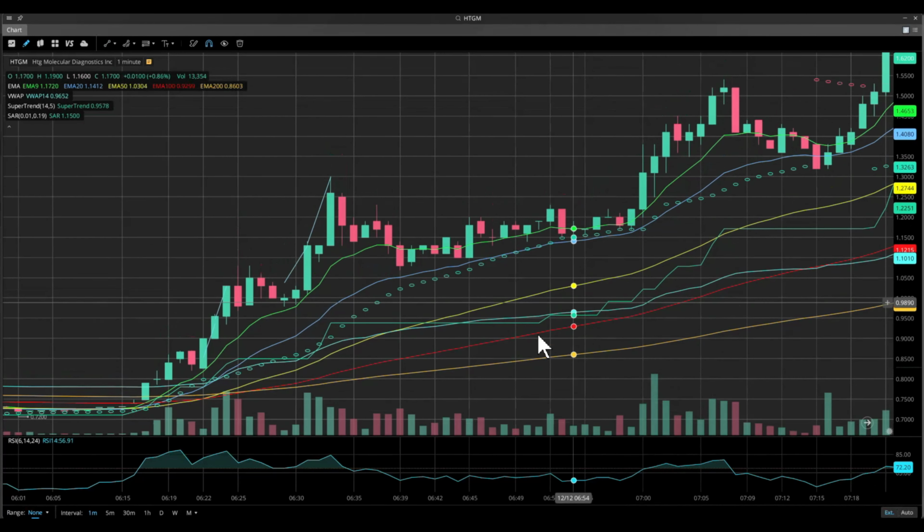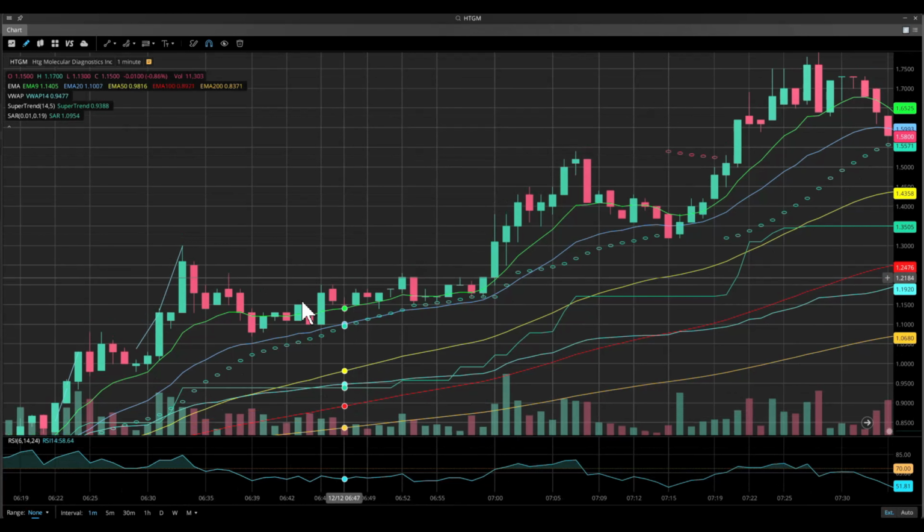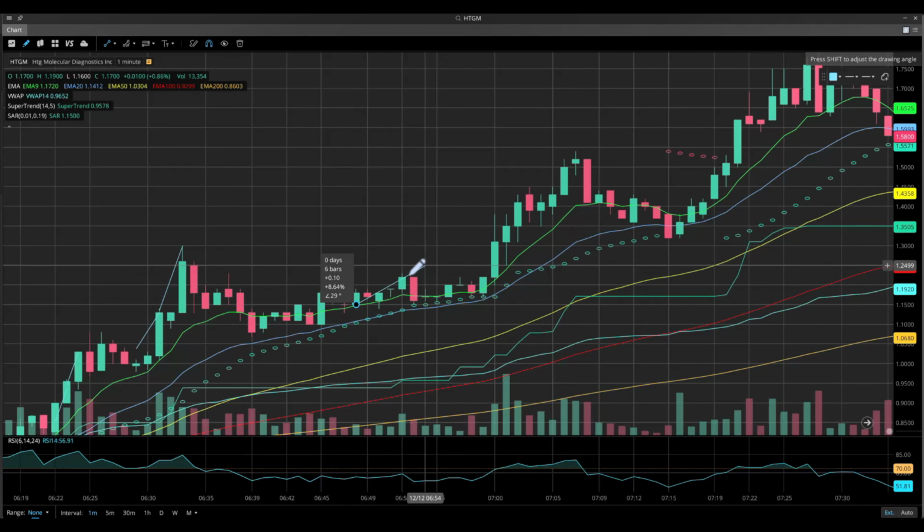The chart is not weak at all. You're still above your indicators and it's still moving on an uptrend. So you can make another entry. And let's say we made an entry at 648 at $1.15. 6%.